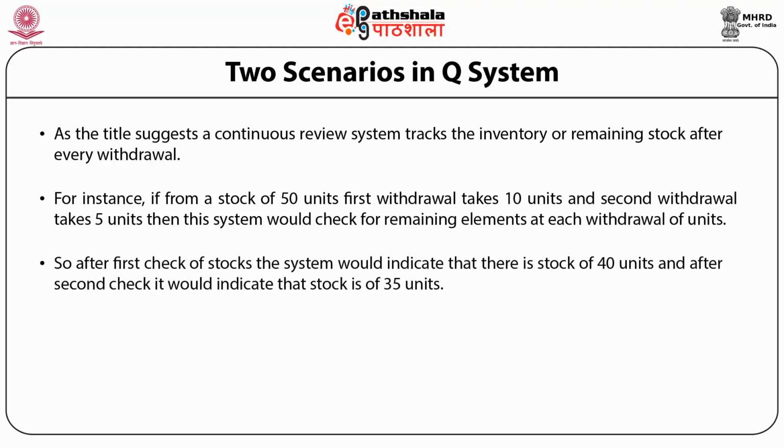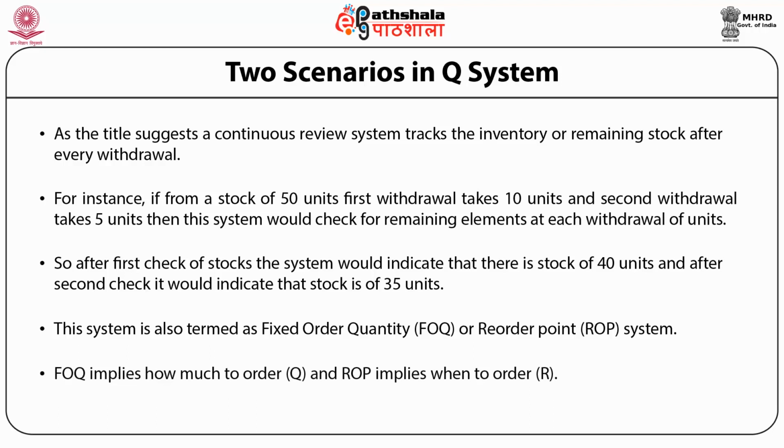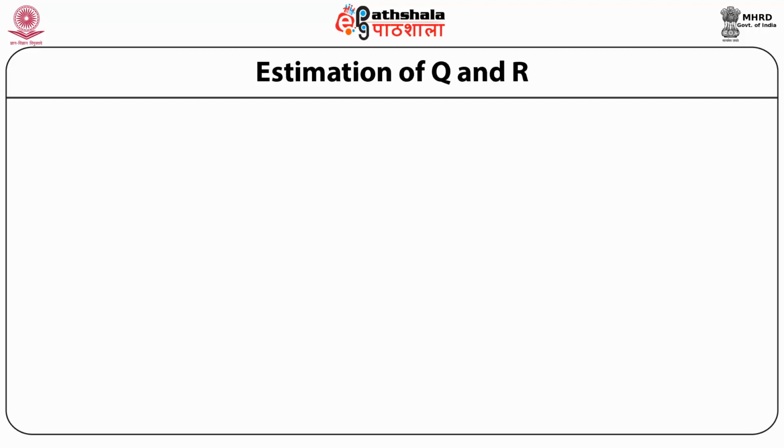So after the first check of stocks, the system would indicate that there is a stock of 40 units, and after the second check it would indicate that stock is 35 units. This system is also termed as fixed order quantity, FOQ, or reorder point, ROP, system. FOQ implies how much to order, Q, and ROP implies when to order, R.